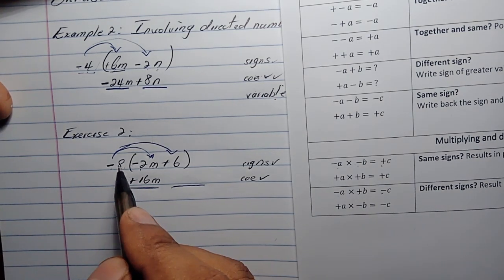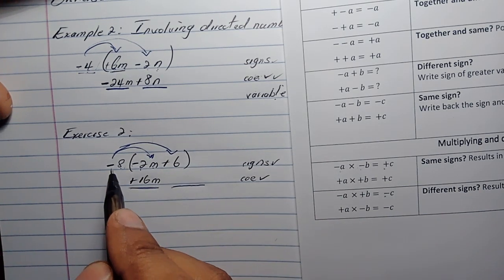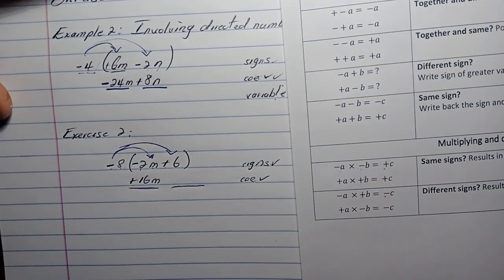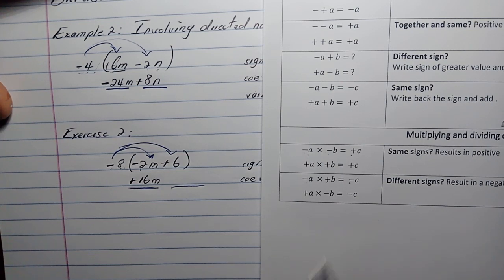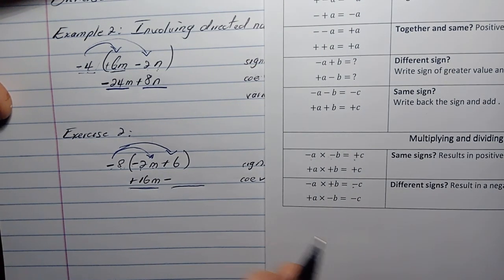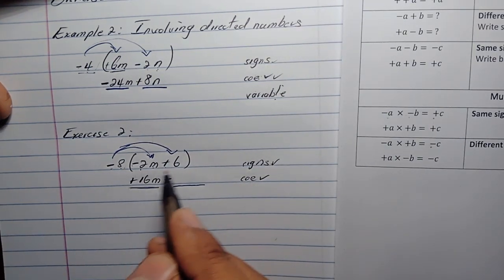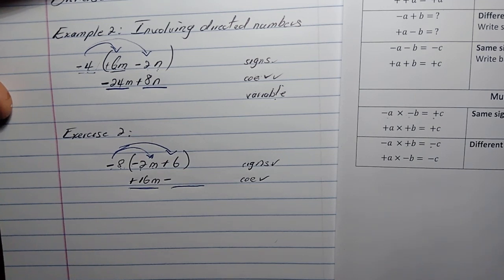Next, the term outside to the second term inside of the brackets. A negative times a positive. All right, the signs are different there. Different signs, you're going to get a negative. So negative times positive is a negative. Next, we look at the coefficient. 8 times 6 is 48.